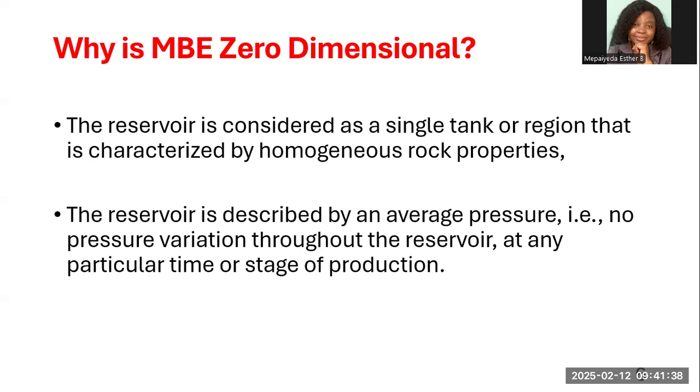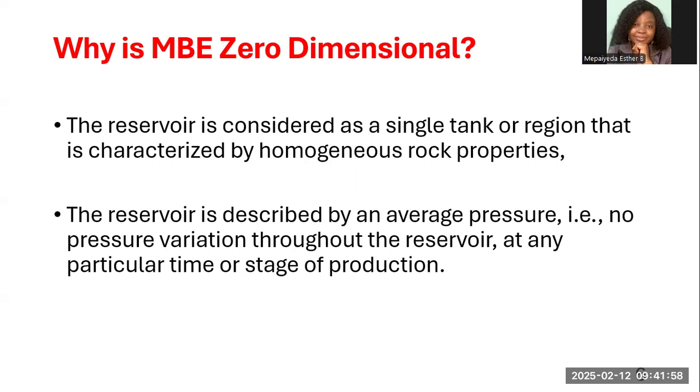considered to have homogeneous rock properties, let's say in terms of the porosity and the permeability. It is assumed that these properties are homogeneous across the reservoir. That's one of the major assumptions in MBE.